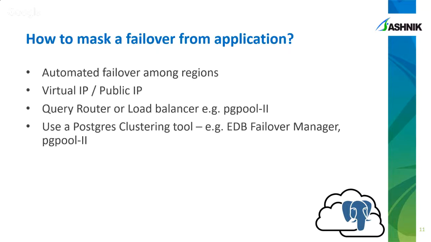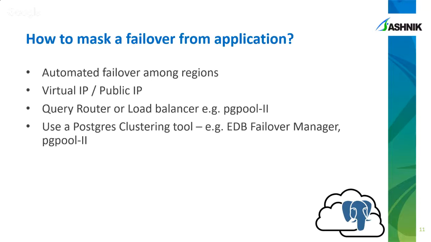So far what we have talked about is how to have redundancy in a cloud environment. Now, the second aspect of high availability is ensuring that any kind of failover is masked from the application. The application should not get impacted whenever there is a failover.